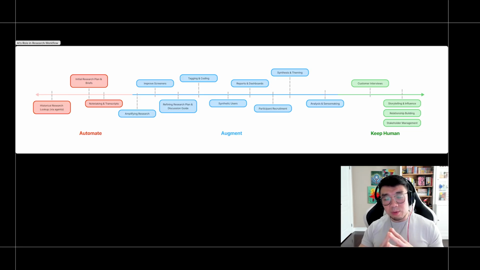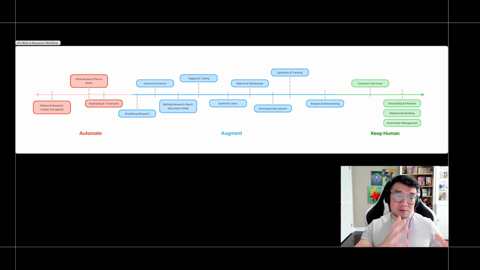Okay, so the way that we've done this is we've sectioned our research process into three categories. If you have a better name, I'd love to take suggestions. Going from left to right, at least on my screen, on the left is Automate. This is the part of the research phase where we've done a significant amount of quote-unquote outsourcing to AI.